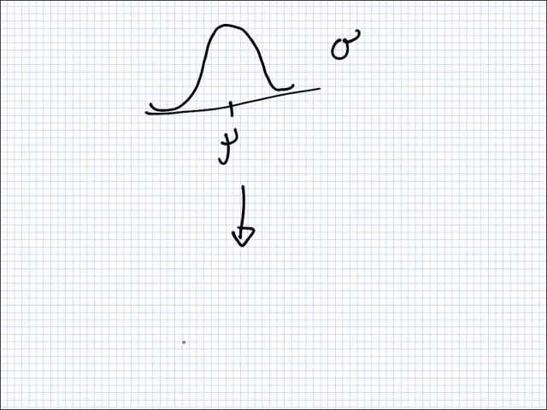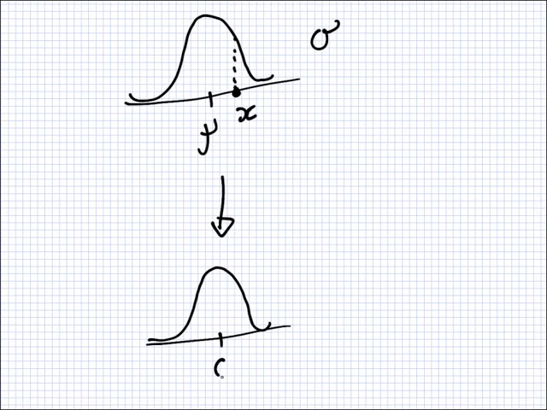Right, so this is the trick. You have a distribution, and it's centered at mu with standard deviation sigma. And if you want to change it into a distribution like this, there's x. And you want to make it have a 0 in the middle and a standard deviation of 1. You use a formula called the Z transform.